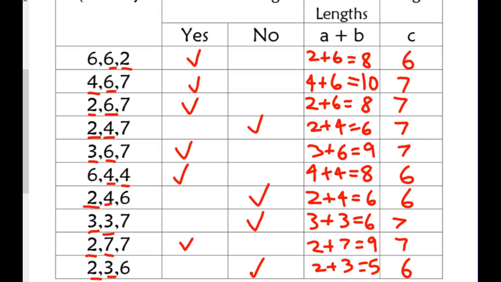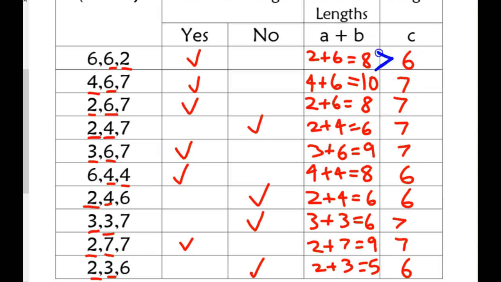Now, the point of doing this, which we may already have concluded, is to notice the relationship between adding the two smallest sides and the longest side. So between these two columns, I'm going to put a less than, greater than, or equal. Okay. So 8 and 6, what should I put there? 8 is greater than 6.